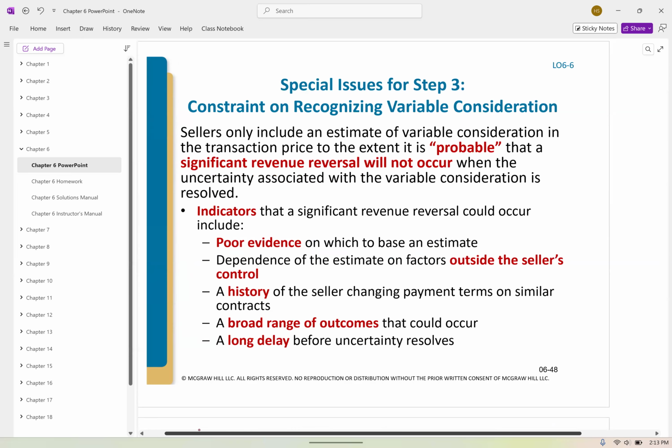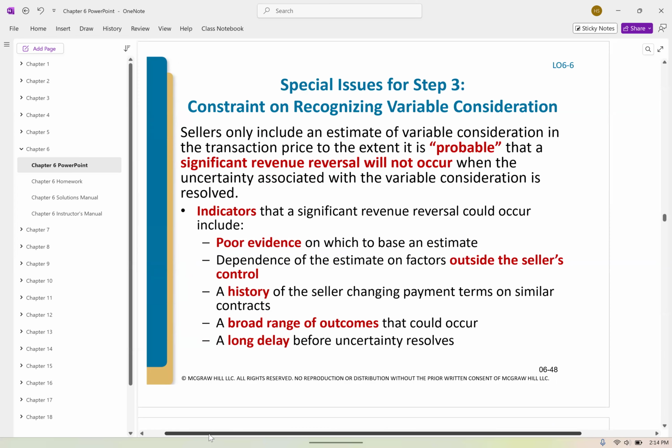Some indicators may be poor performance on which to base the estimate, or dependence on factors outside of the seller's control. I mean, the economy could just go down and we could hit a recession. That's outside of the seller's control.